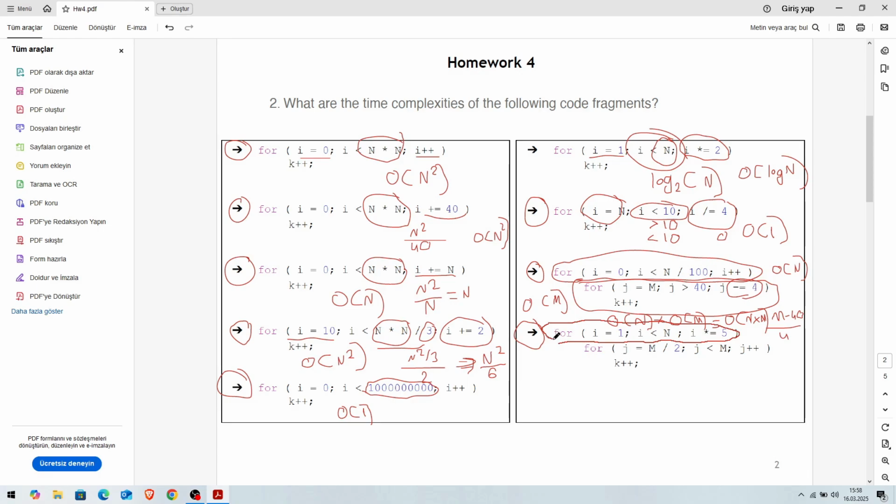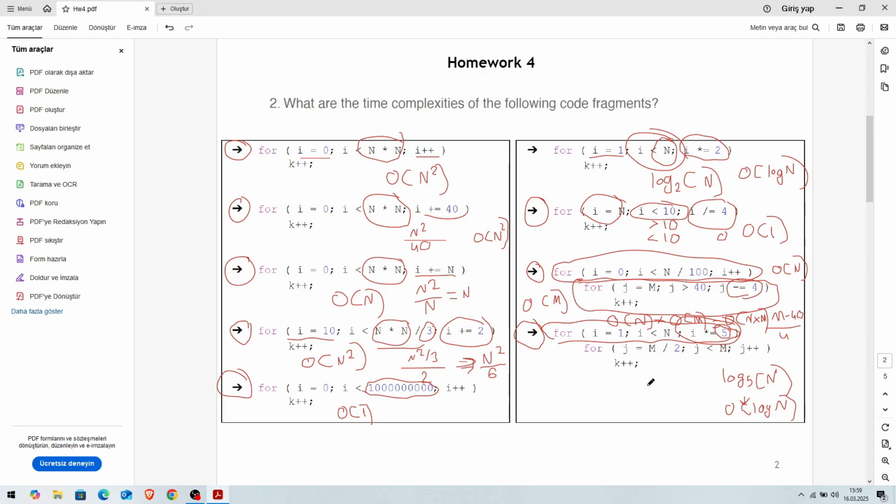Okay, for the fourth question on the right side, the outer loop multiplies e by 5 each time. So it runs about log base 5 of n times, so it's O(log n). The inner loop goes from m divided by 2 to lower than m.